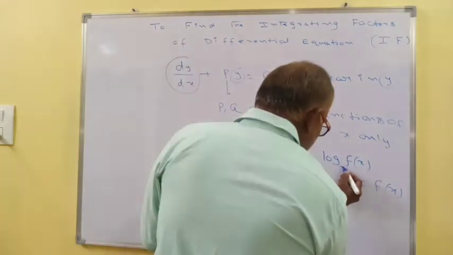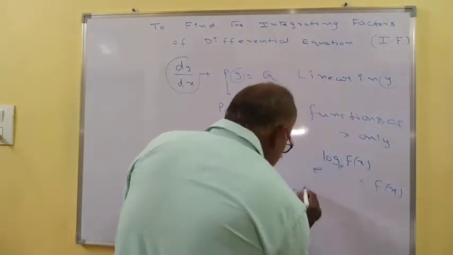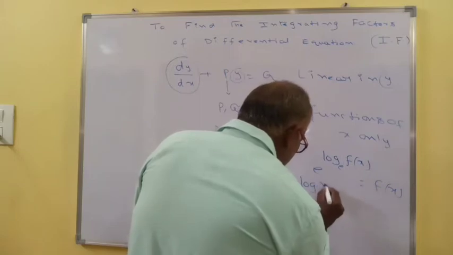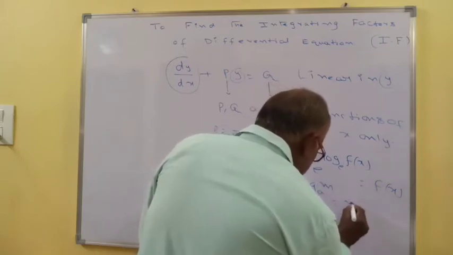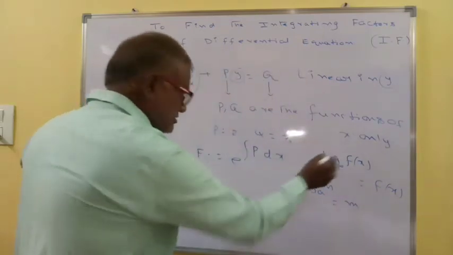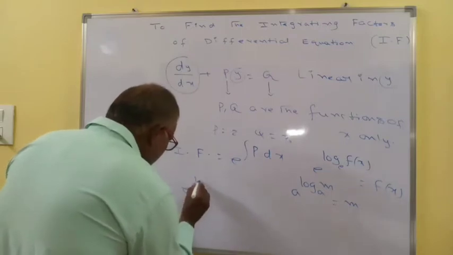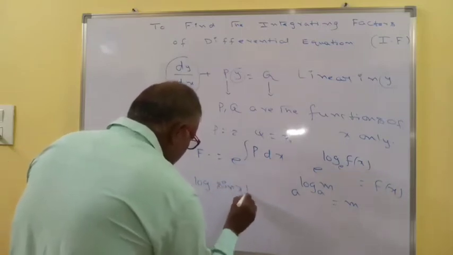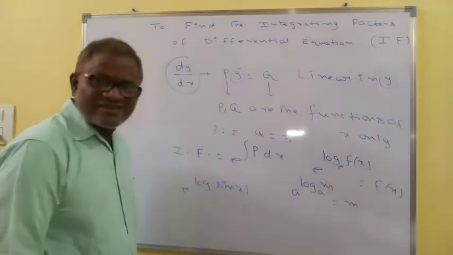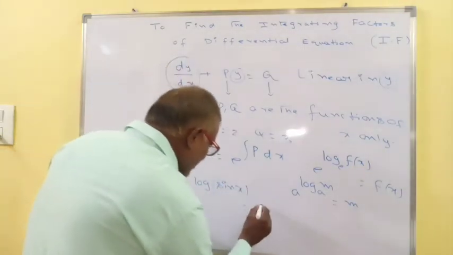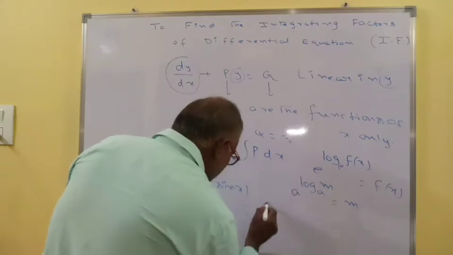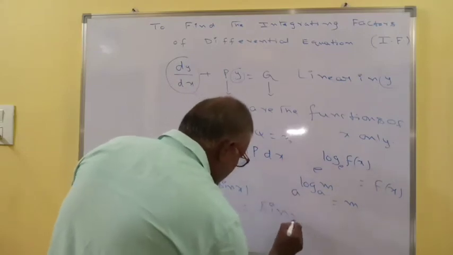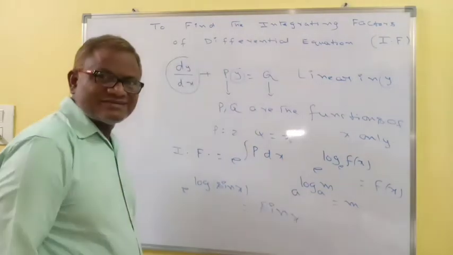Here the base is e. That's why, in logarithms we know that a power log m to the base a is equal to m. Suppose e power log sin x is there. Here clearly this is the f of x, so the value is nothing but sin x.